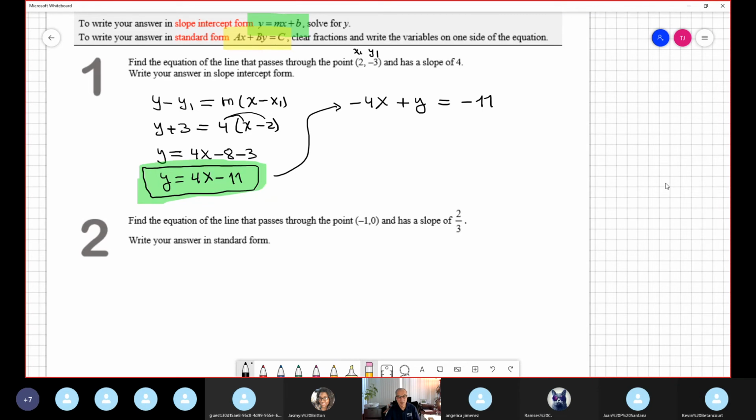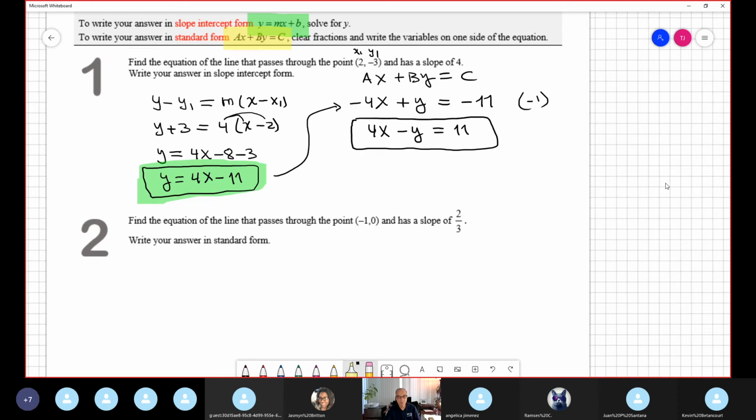But keep in mind that a is never negative. A is always positive. So in this formula, ax plus by equals c, you multiply the whole thing by negative 1. Because this allows me to change the sign. So it's 4x positive minus y equals 11. Wow, and this is standard form. Done. Easy. Very, very easy.